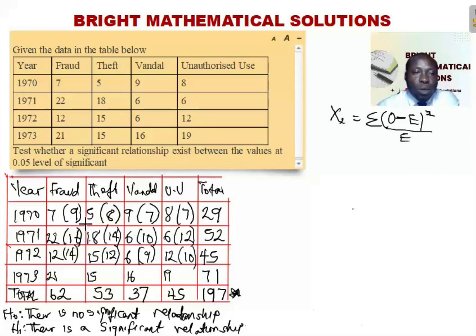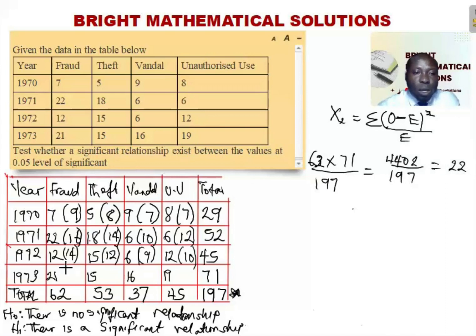So fraud 1973, that is 62 multiplied by 71 divided by 197, sorry, 62 multiplied by 71, that gives me 4402 divided by 197. So that gives me 22.